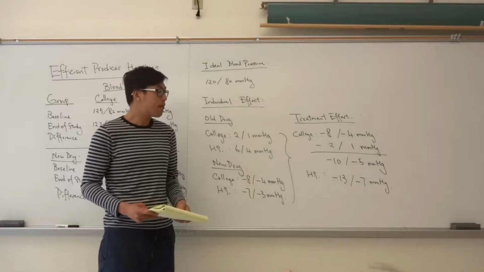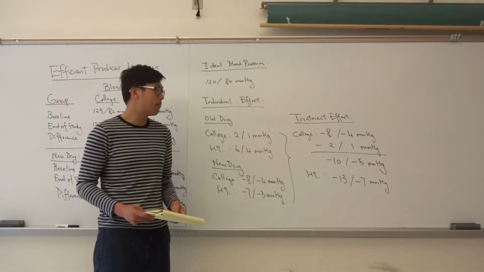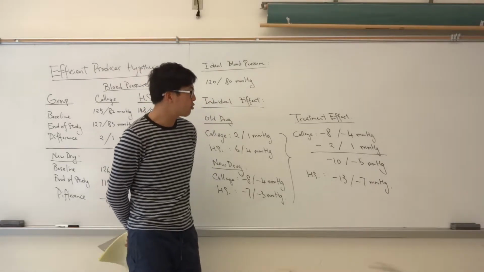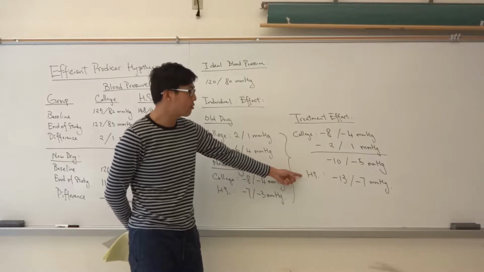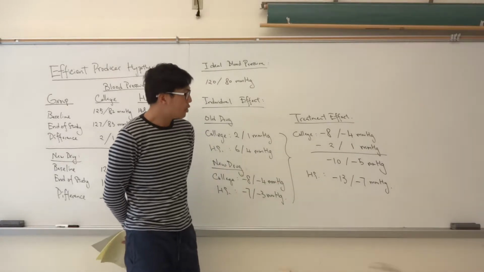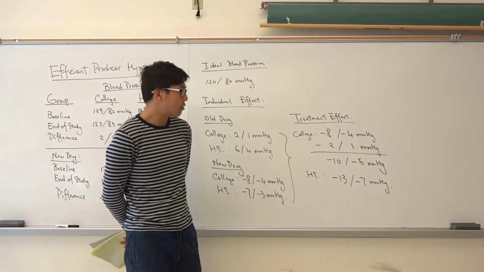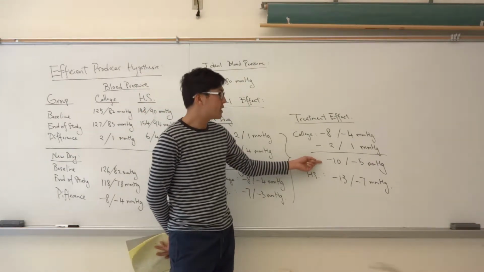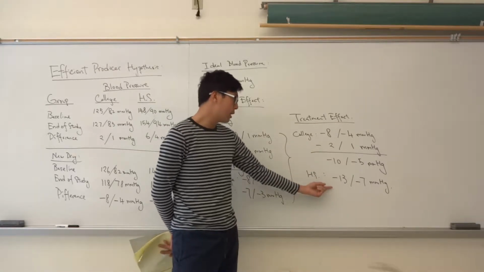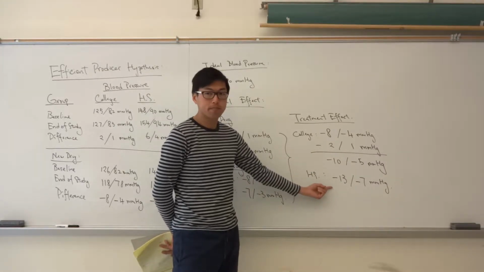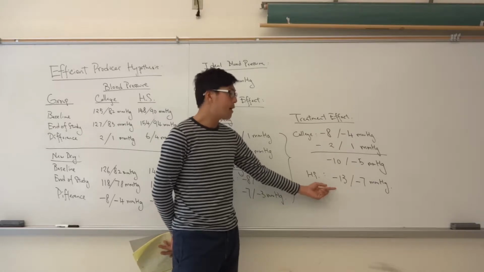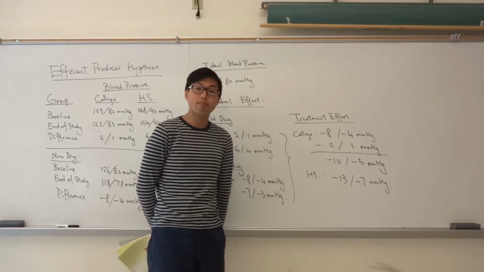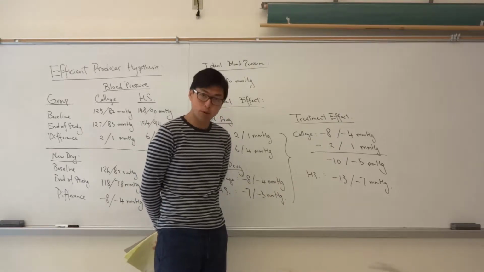But the very important conclusion here in this example is, when we are comparing the treatment's effects between the college populations and the high school graduates, the college graduates actually benefit less from these new drugs compared to the high school graduates. So in this case, obviously, by providing these drugs to the high school graduates, they will benefit the most.